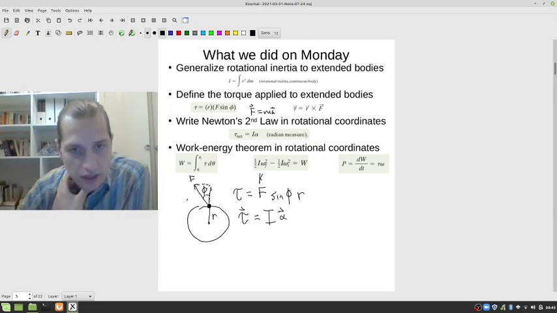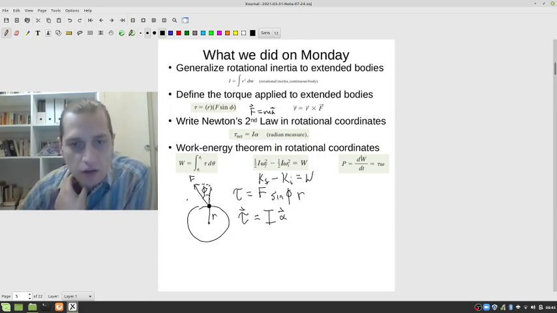So this is your kinetic energy final minus your kinetic energy initial equals the amount of work that you put in. And then we say, well, we already thought about power in terms of this. We had P equals the amount of work put in per unit time.